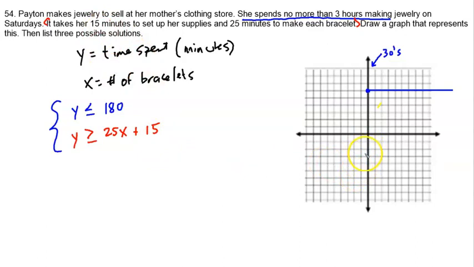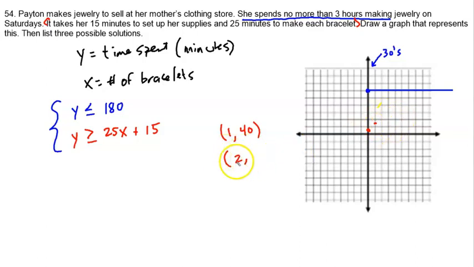All right, so let's see if we can plot. Here is 0, 15. That's our y-intercept. I'll just let x be 0. And then we can get some other points just by doing inputs. If I let x be 1, 25 plus 15 is 40, so that's another point, still a little bit above 30.